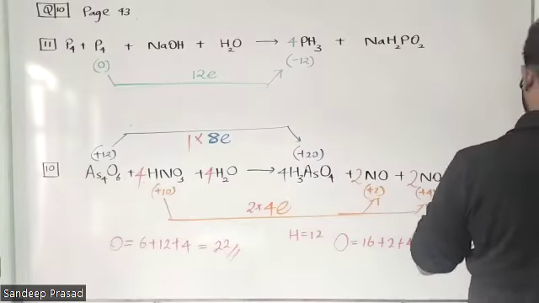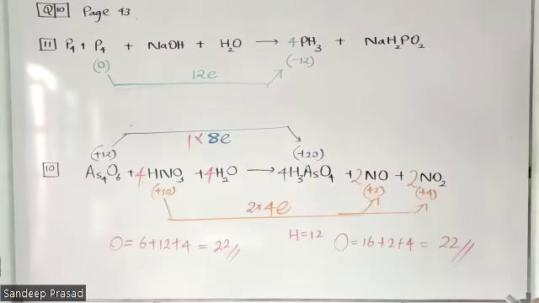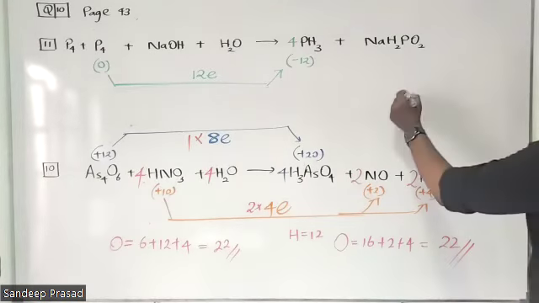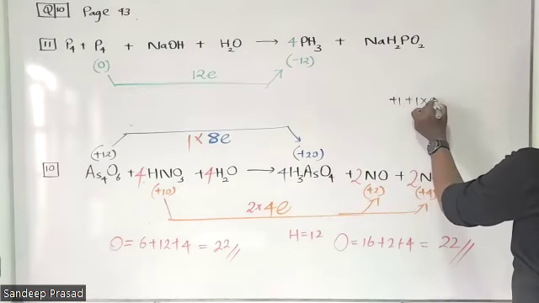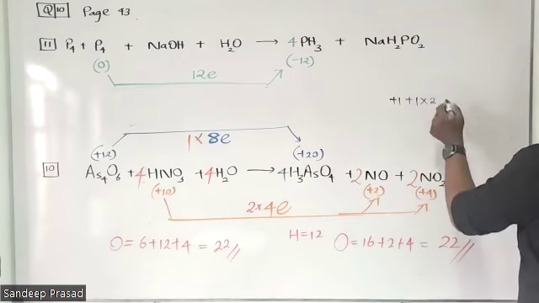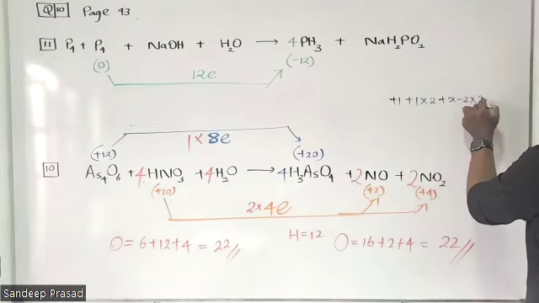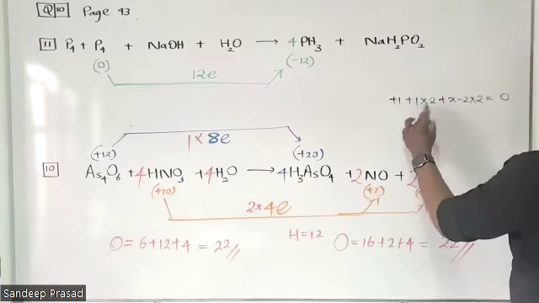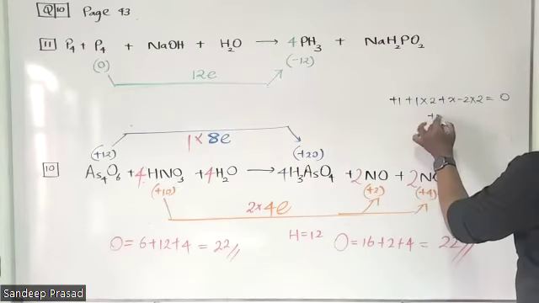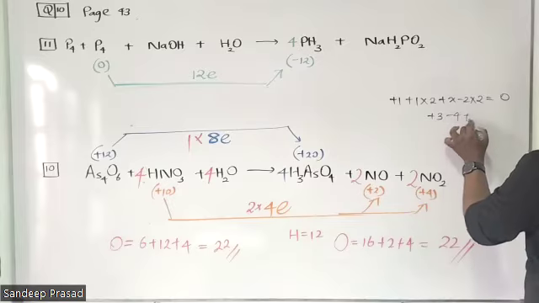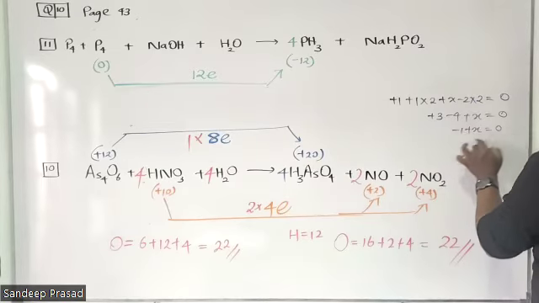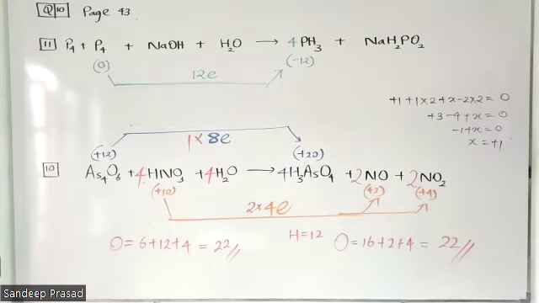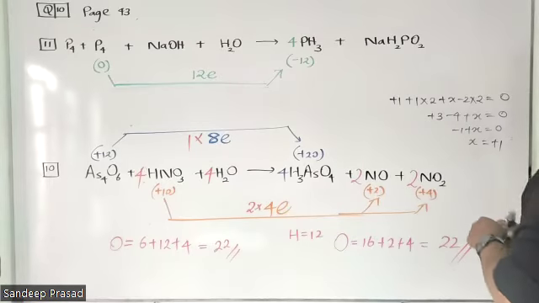Here phosphorus oxidation number, what should it be? Sodium plus 1, hydrogen plus 1 into 2. This is x minus 2 into 2, summation equals 0. Then we have plus 3 minus 4 plus x equals 0. x equals plus 1. Oxidation number is plus 1.